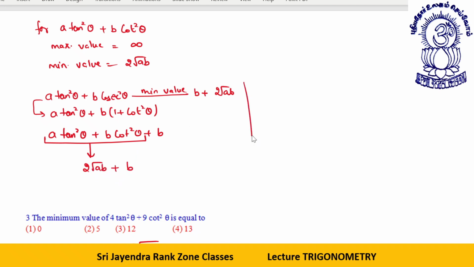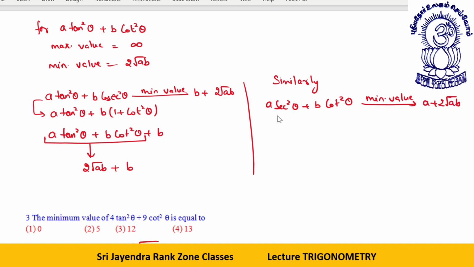Got it? Similarly, if you are told A sec square theta plus B cot square theta, here the minimum value will be A plus 2 root AB. How come?